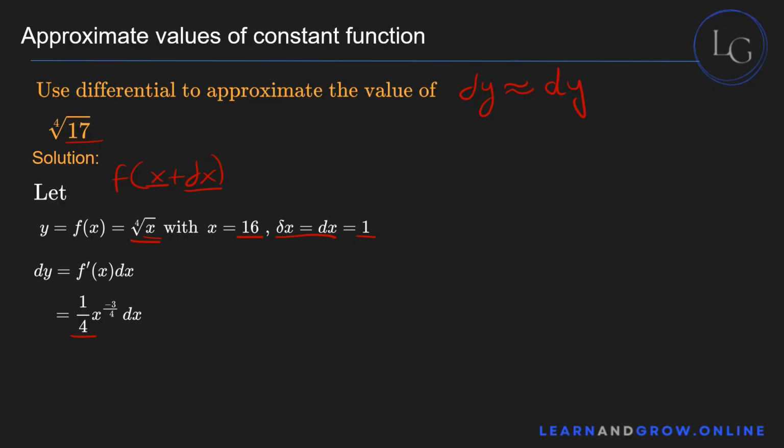So we'll do 1 over 4 minus 1, and so you get x raised to the power minus 3 by 4 dx. Now we'll take this x raised to the power minus 3 by 4 to the denominator, where it becomes x raised to the power 3 by 4, positive 3 by 4. And so you get this expression, dy is equal to dx over 4x raised to the power 3 by 4.